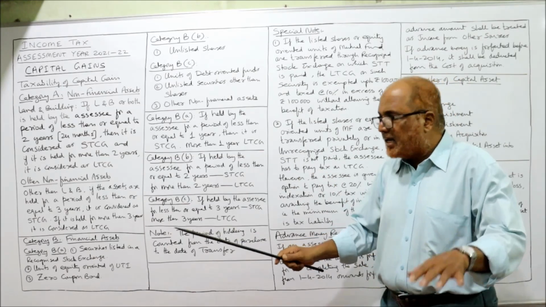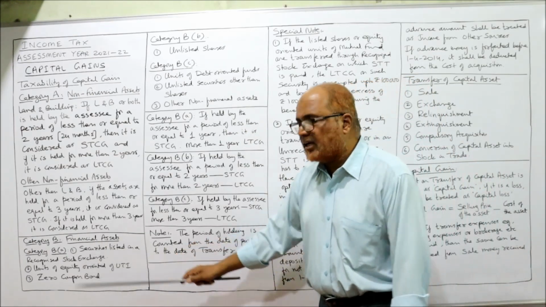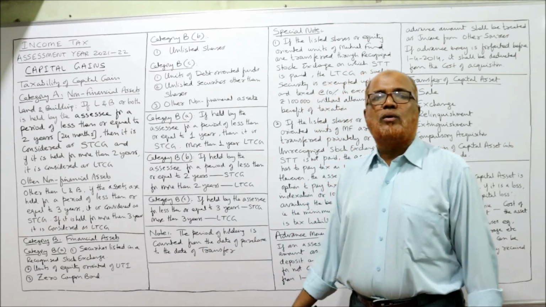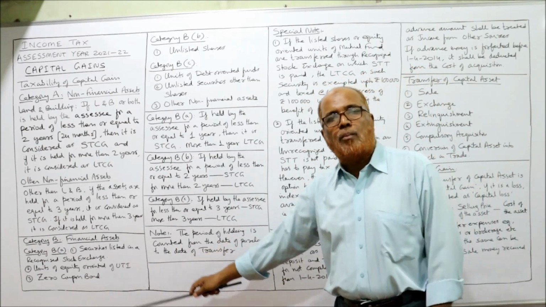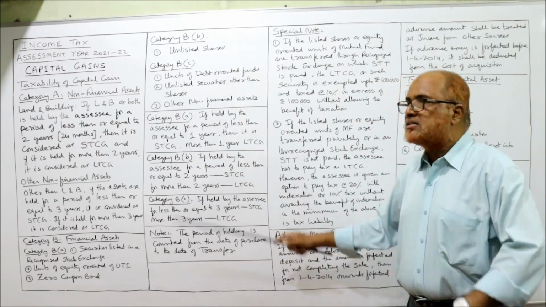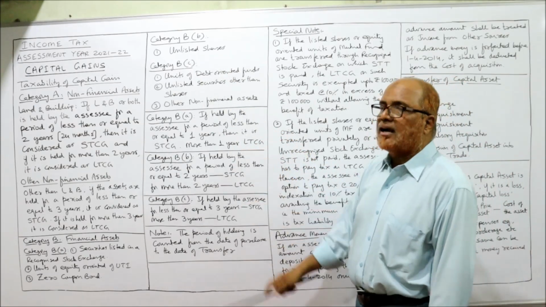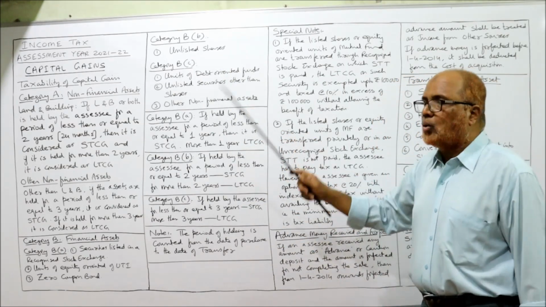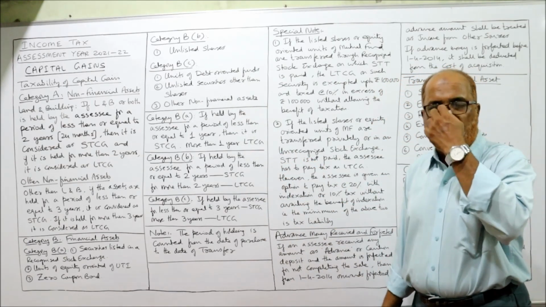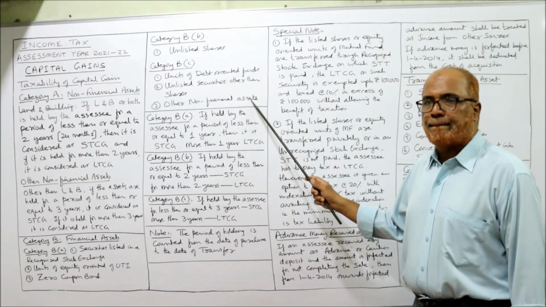So we have categorized the financial assets into A, B, C. Under A we have 3: securities listed in a stock exchange, equity oriented units of UTI, and zero coupon bonds. Under B only one: unlisted shares. And under C we have 3: units of debt oriented funds, unlisted securities other than shares, and any other financial asset. That's all.